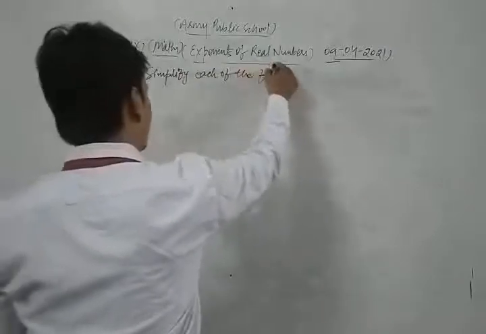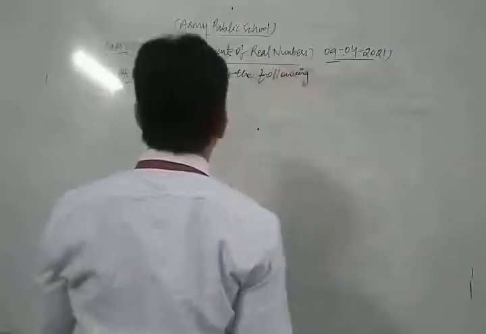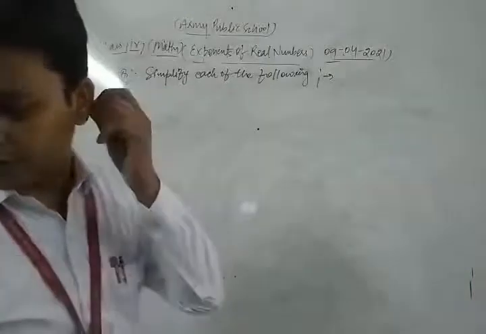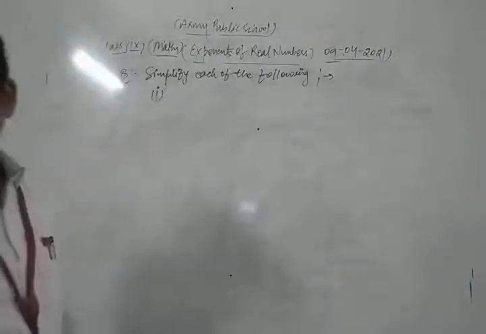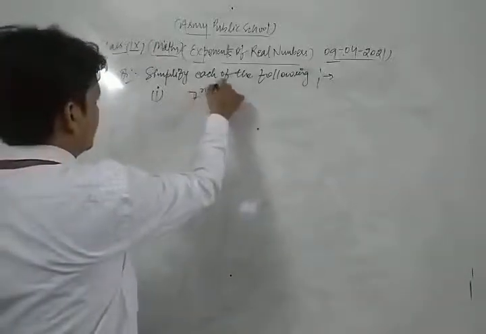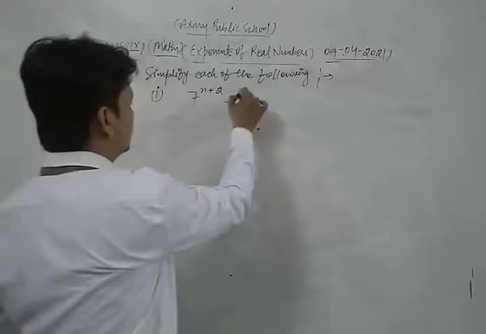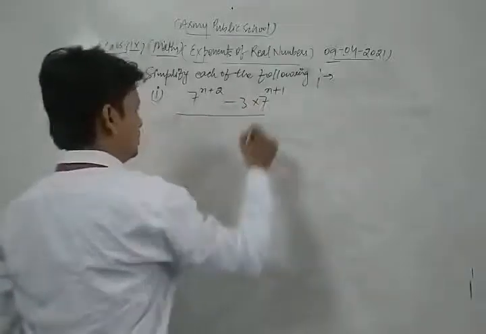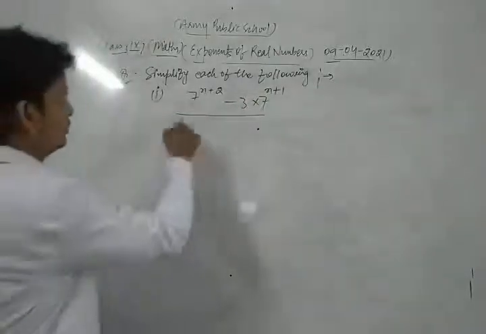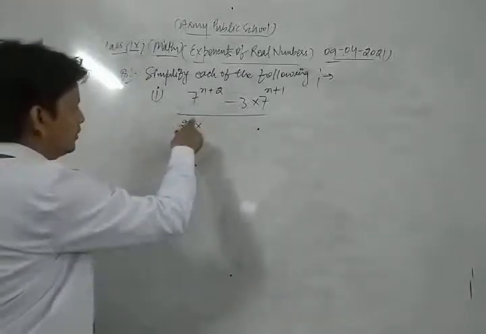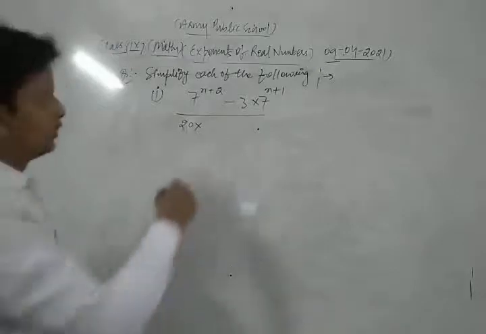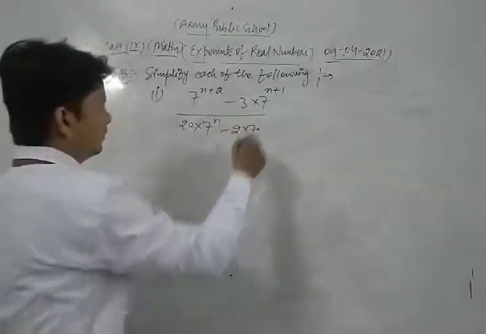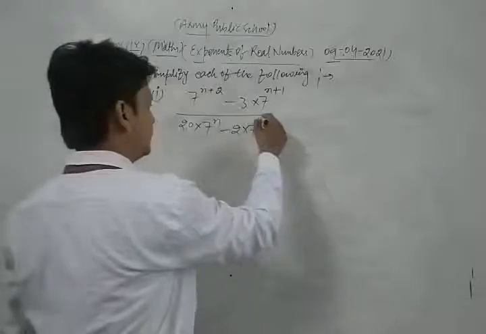Simplify each of the following, and your first expression is 7 to the power n plus 2 minus 3 into 7 to the power n plus 1, upon 20 into 7 to the power n minus 2 into 7 to the power n.